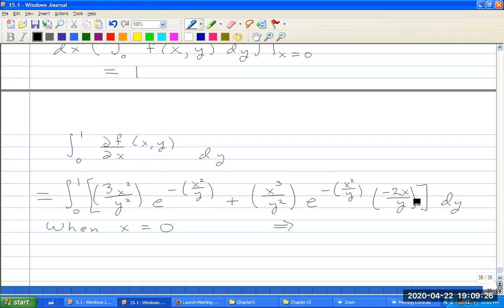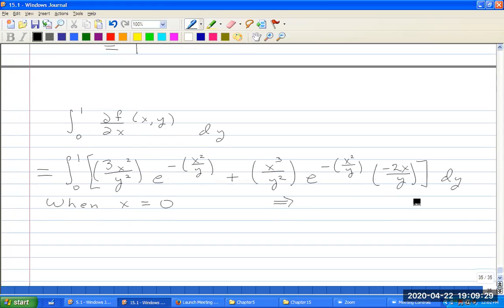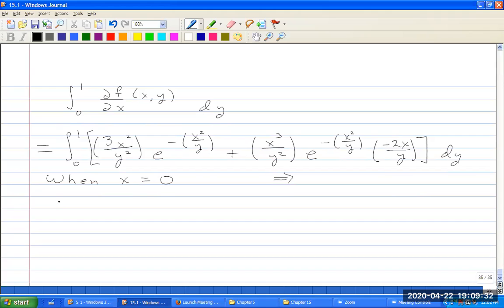So all this stuff inside is just going to be 0 when x equals 0. So this is the integral from 0 to 1 of 0, and if you integrate that, you'll get 0.